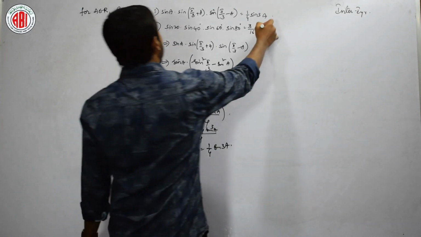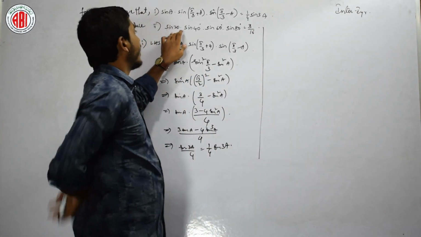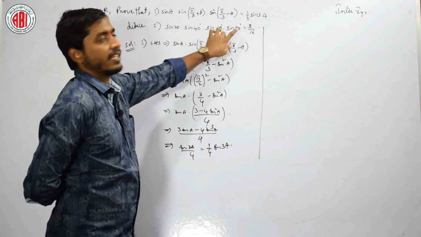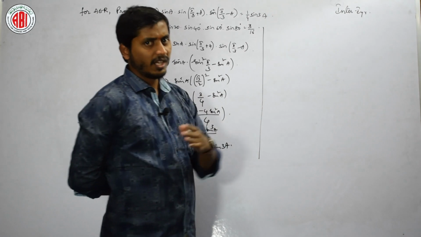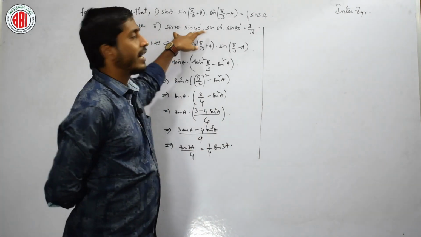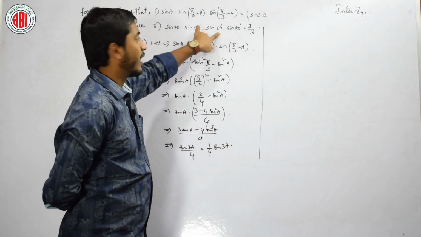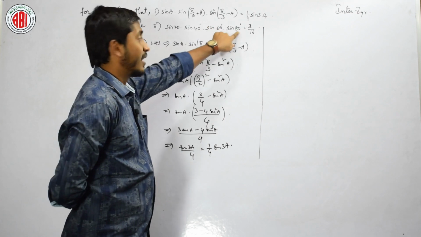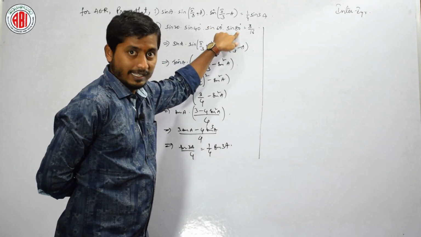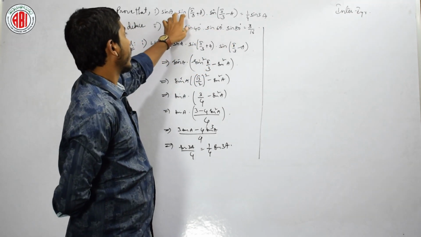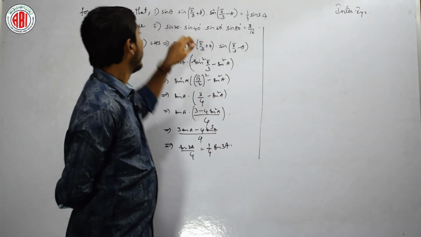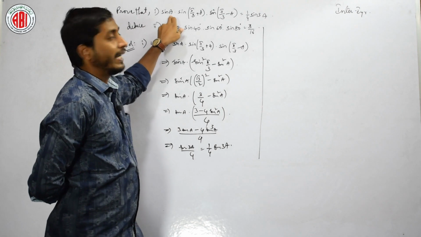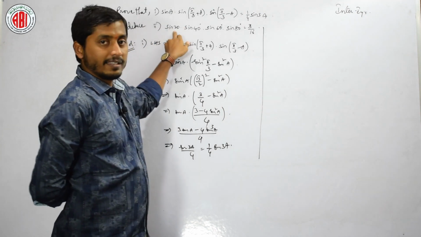Similarly, he is asking us to deduce sin 20, 40, 60 and 80. Do we have any relation with 60? If you observe here, 20 plus 20 is 40, again plus 20 is 60, again plus 20 is 80. Yes or no? Then can we have these three terms here? If I substitute A as 20, I can get this term.